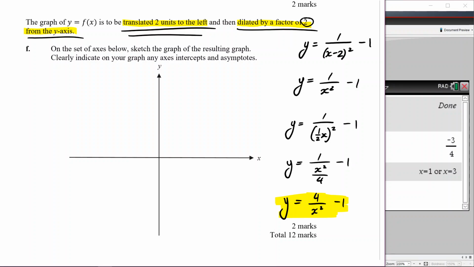Okay, so let's now give this a graph. It says on the set of axes below, sketch the resulting graph. Clearly indicate on your graph any axis-intercepts and asymptotes. So let's immediately just put in where our asymptotes are going to be. I'm going to have one here at x equals 0, and I'm going to have another one at -1.